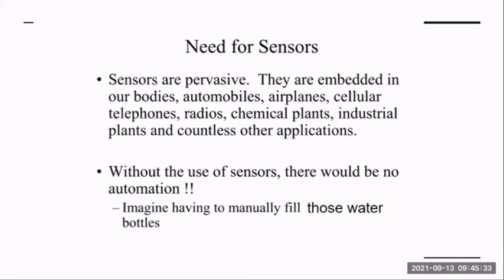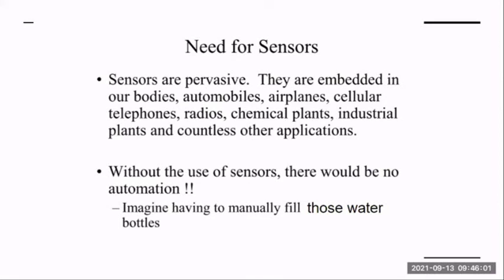So for example, in a water heater, the temperature sensor is already inside the water heater. You don't need to buy an external sensor for your heater to automatically turn on or turn off. So it is usually already embedded or included inside the system. It is easy to integrate into systems.